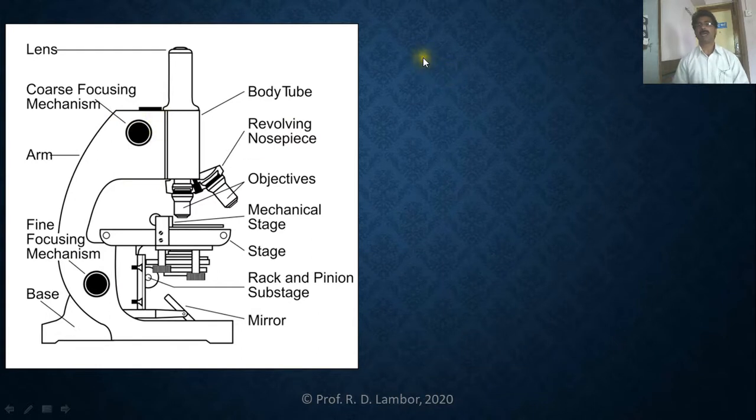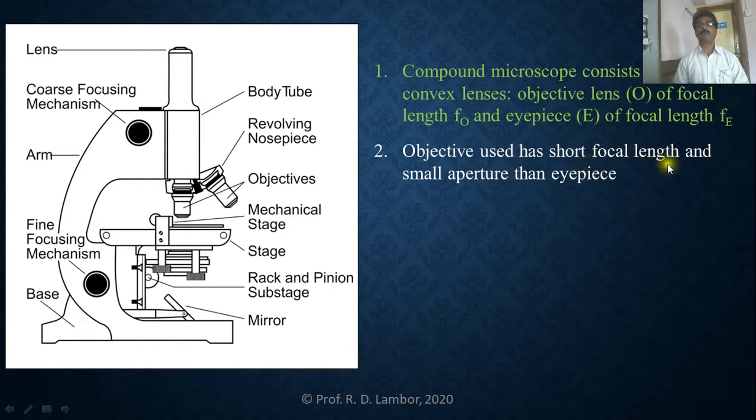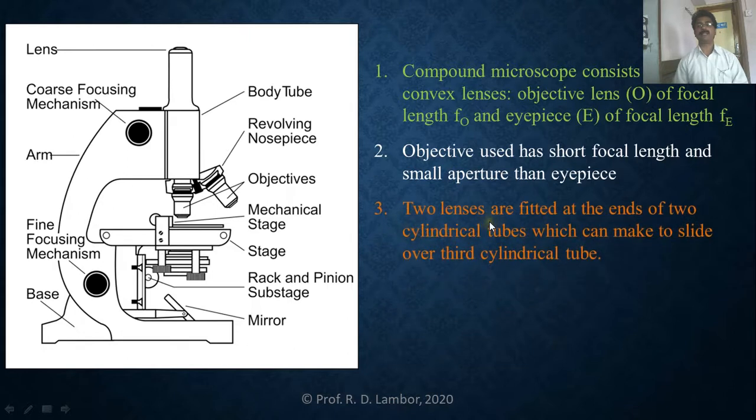So any compound microscope consists of two convex lenses, an objective lens of focal length FO and an eyepiece of focal length FE. Out of that, the objective used has a short focal length and smaller aperture than the eyepiece. These two convex lenses, objective and eyepiece, are fitted at the ends of two cylindrical tubes. You can see here, these are the cylindrical tubes, and at one end the objective is fixed.